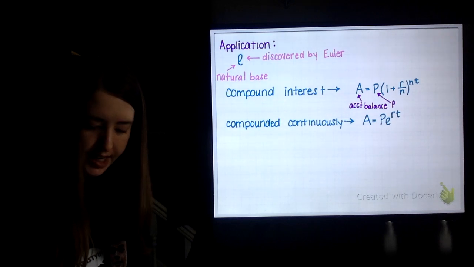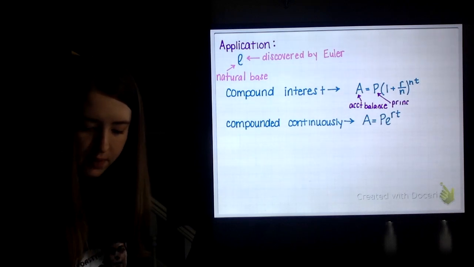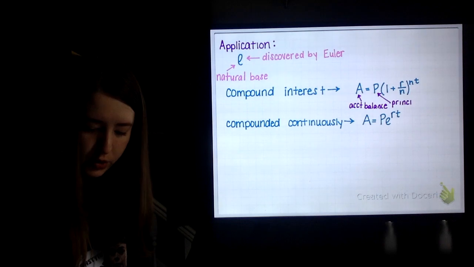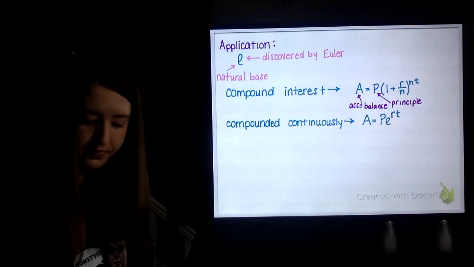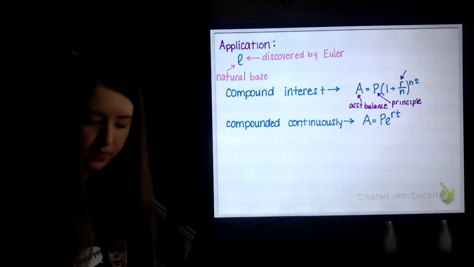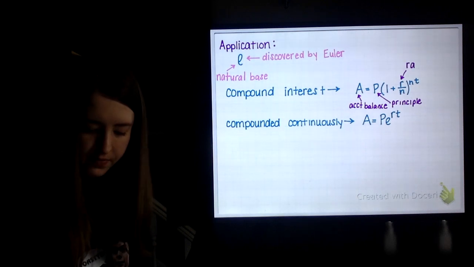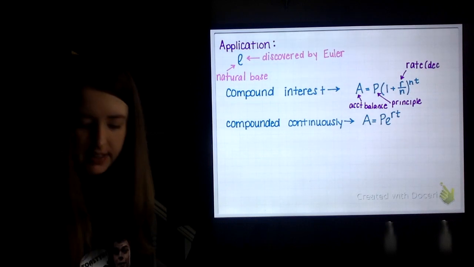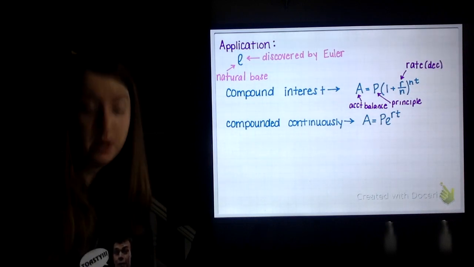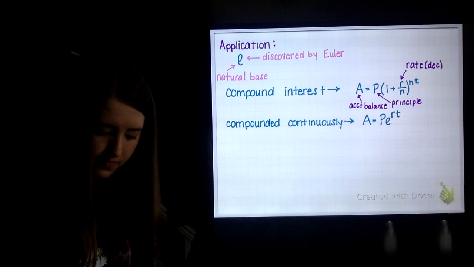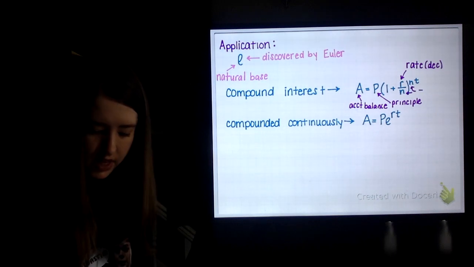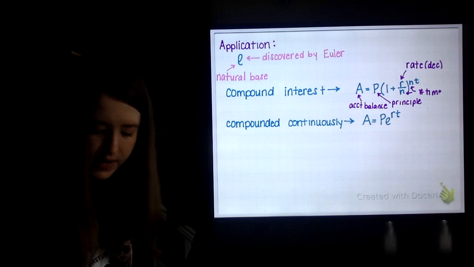P is the principal, the amount of money that you begin with. R is your rate. Make sure you input it in your function as a decimal. Don't leave it as a percent. And then both of these are n's. That's the number of times per year the money is compounded.